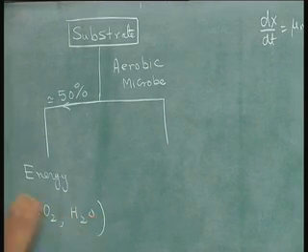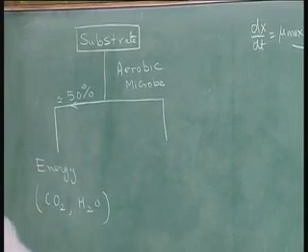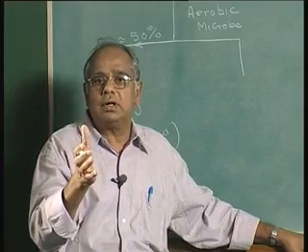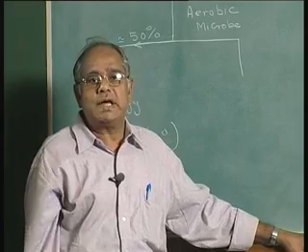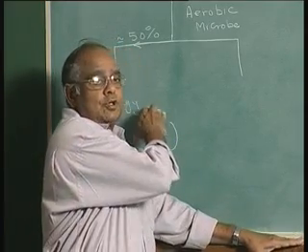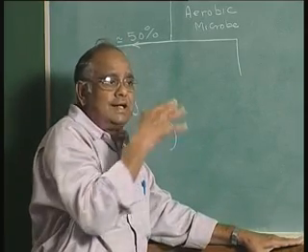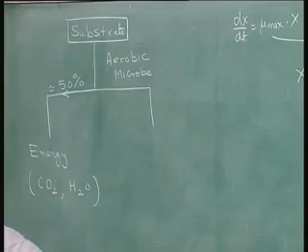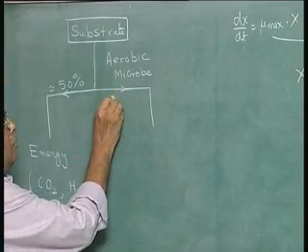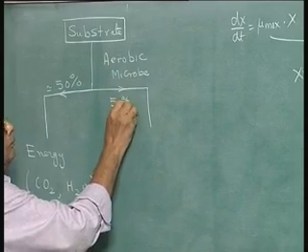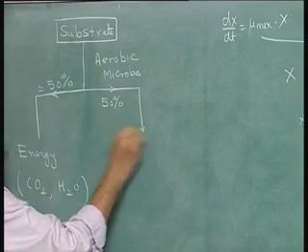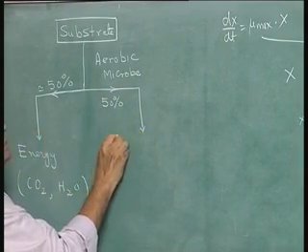In biological reactions, if carbon dioxide and water are produced, it means that energy is produced. The cell is deriving the energy from the substrate. The remaining 50% of the substrate is going for biosynthesis.